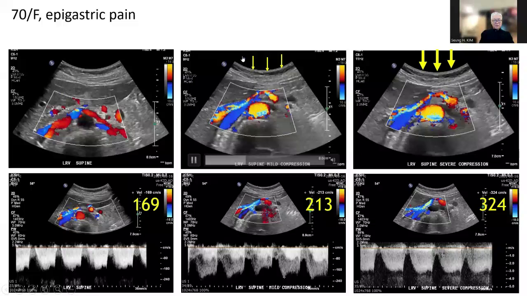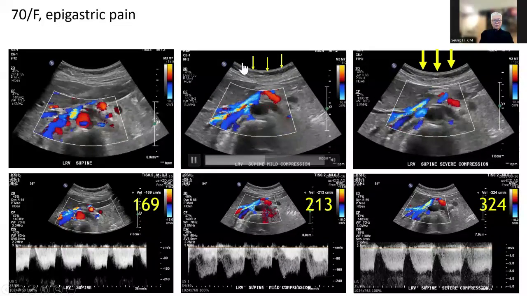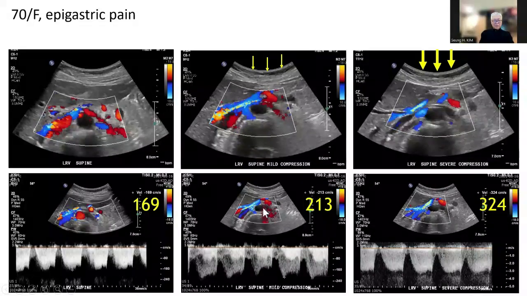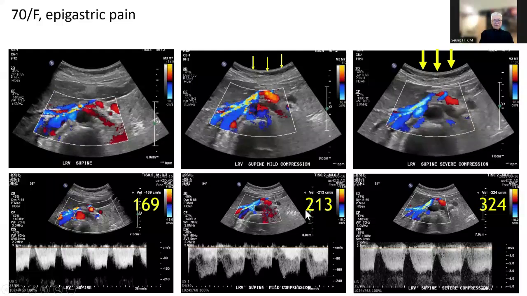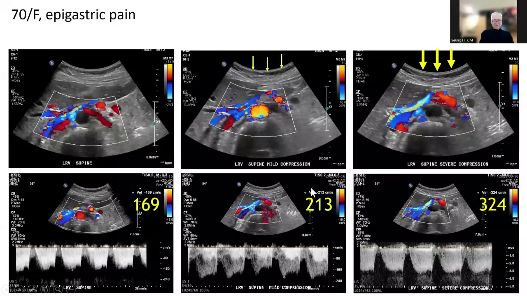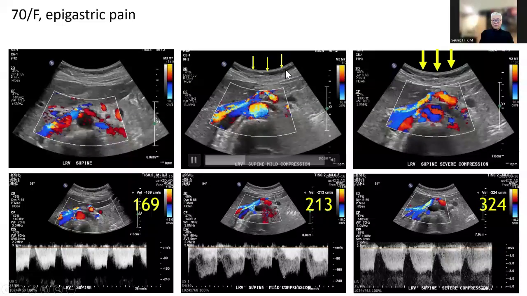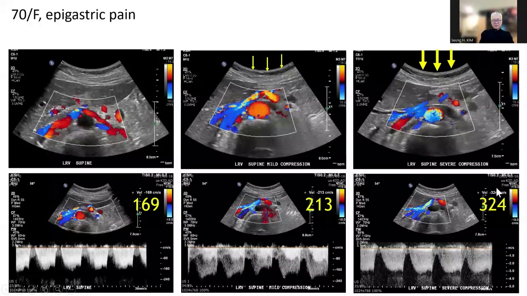If we apply a little bit of compression into the abdominal wall with the transducer, then the degree of compression becomes stronger, and the peak flow velocity increases like this, 213. And if we apply stronger compression, then peak flow velocity increases to more than 300.